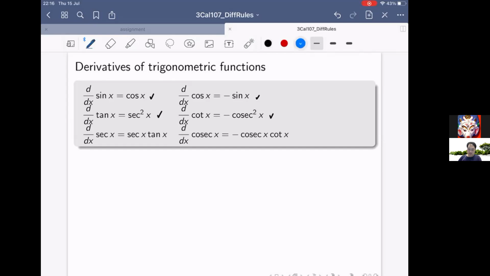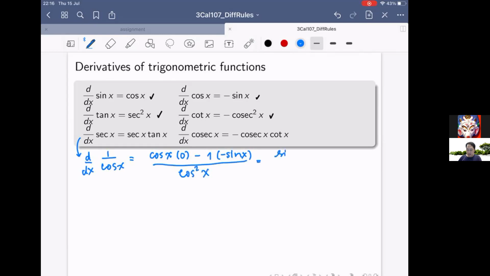what is the derivative of a secant? Okay, so it will be 1 over cosine. So it is the quotient rule again: the bottom times the derivative of the top minus the top times the derivative of the bottom, over your bottom squared.